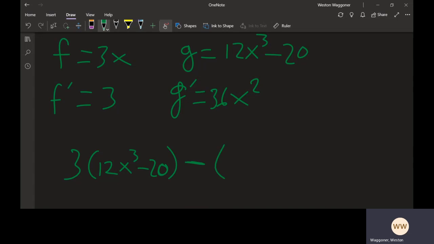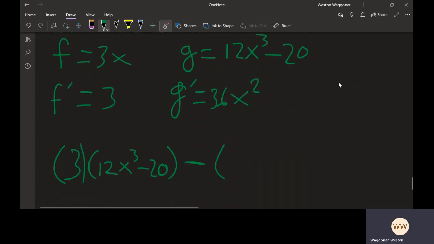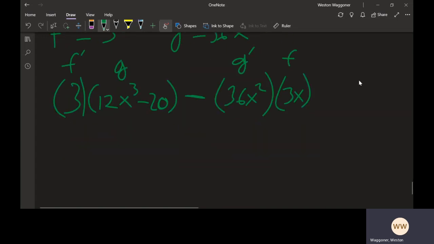I'm going to open up some more parentheses. I guess we could have done this for this 3 here, but it's not too hard to see that. So now we're going to have g prime, right? Let's just double check. Yeah, so g prime times f. So g prime is 36x, and then f is going to be 3x, right? So this is our f prime, our g, g prime, and our f. But this is all over g squared.